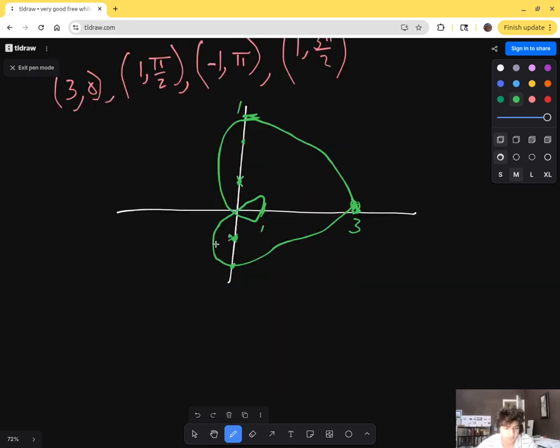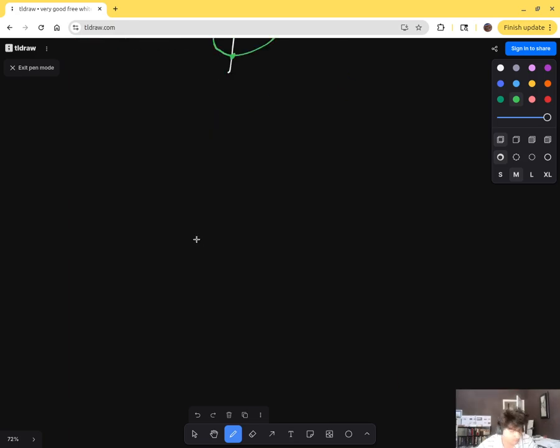Alright, let's do another one. Let's graph r is equal to 2 plus 4 sine theta. So when sine is positive 1, we have r is equal to 6.